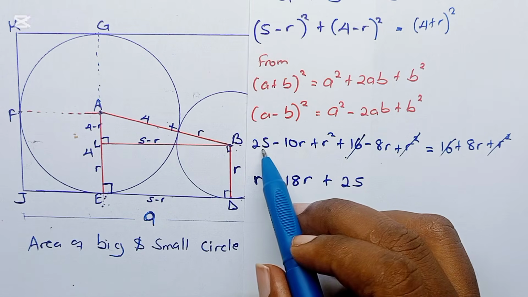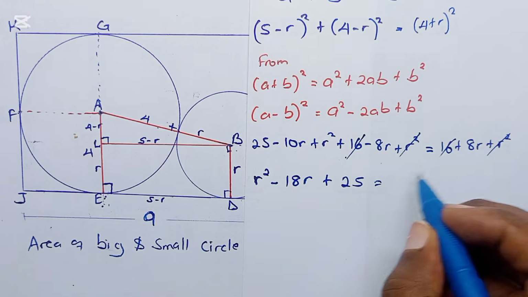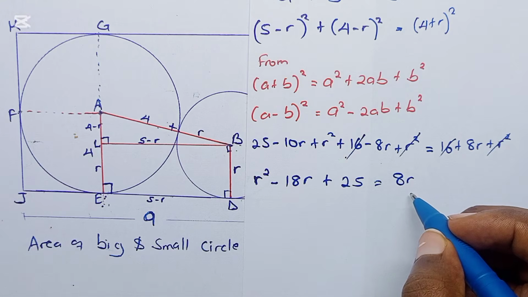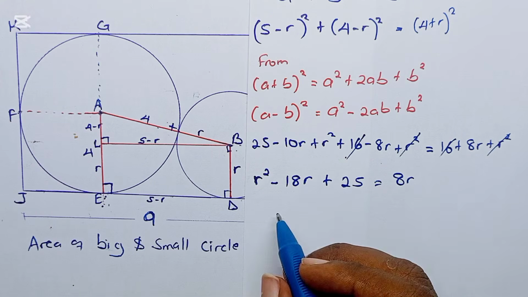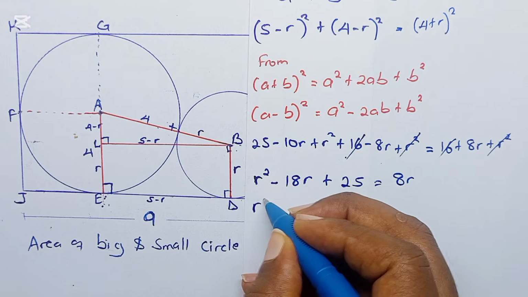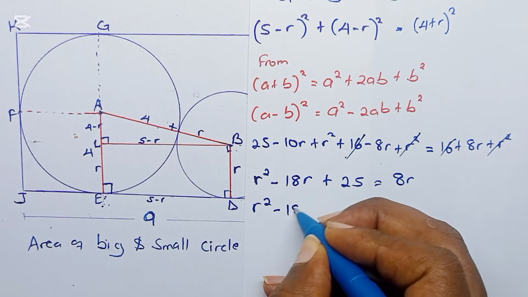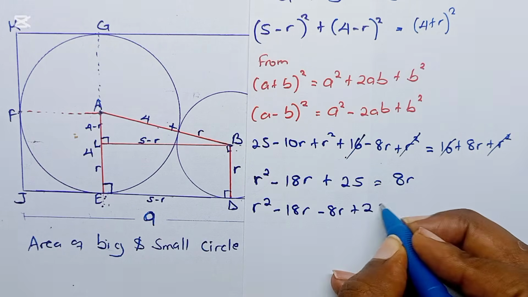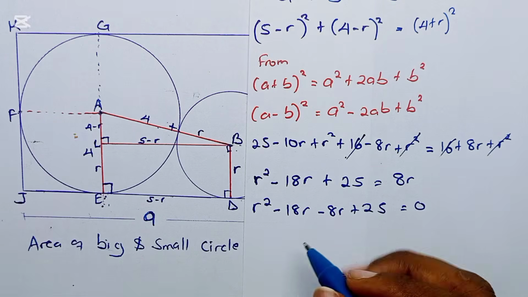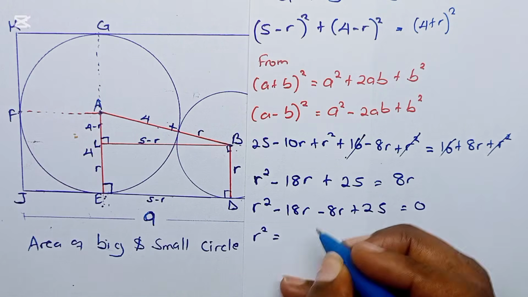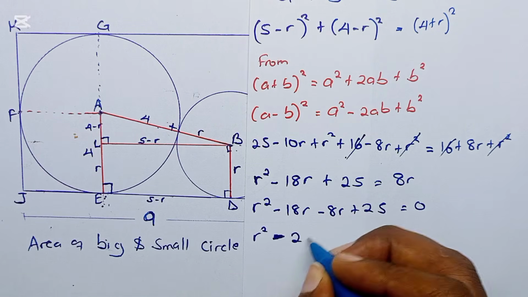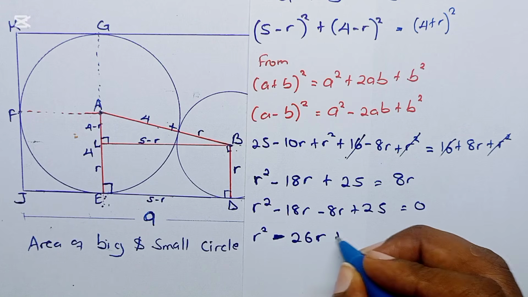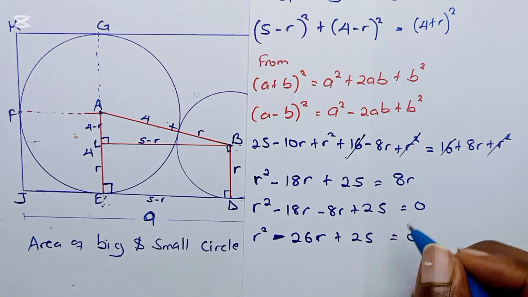Then you have plus this 25 is equal to, here we're left with 8R. So we bring this side. So we shall have R squared minus 18R. When this crosses, it becomes minus 8R plus 25 is equal to 0. So R squared minus 26R plus 25 is equal to 0.